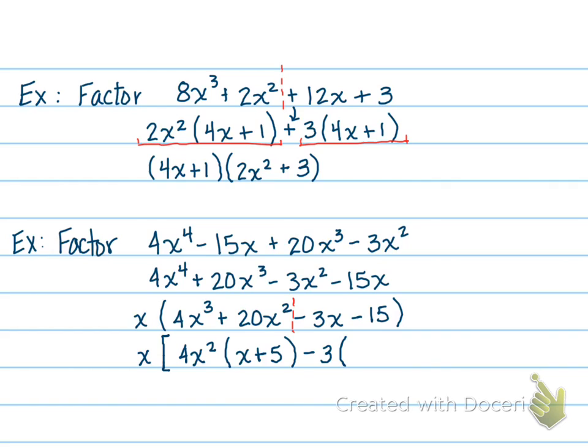But because that's subtraction, when I take that 3 out, I'm really taking a negative 3 out. Just like if you were distributing, you would distribute a negative 3 here. So when I take a negative 3 out of the negative 3x, that leaves me with a positive x. When I take a negative 3 out of the negative 15, that leaves me with a positive 5.